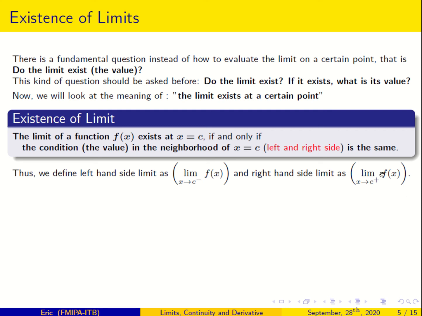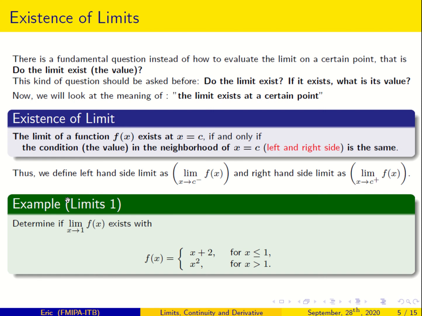What happens to the function? So I want to find the limit. This result says that if this limit and this limit exist and they are all the same, then the limit of a function f(x) exists at x equals c.